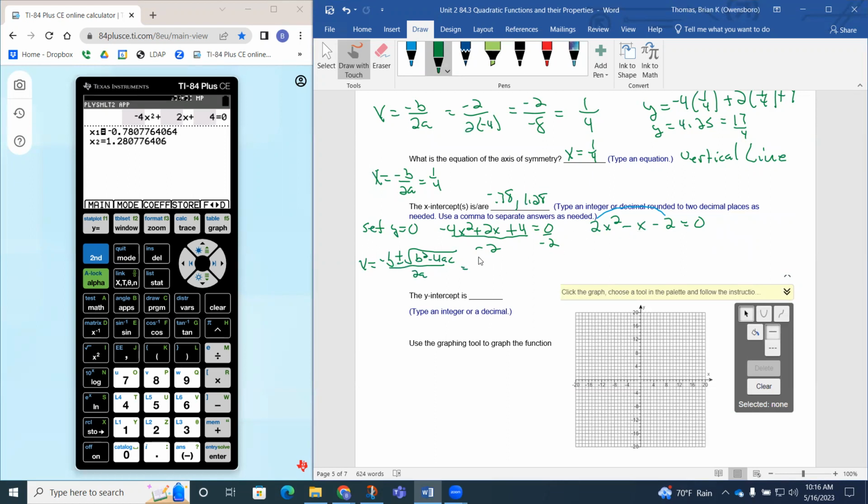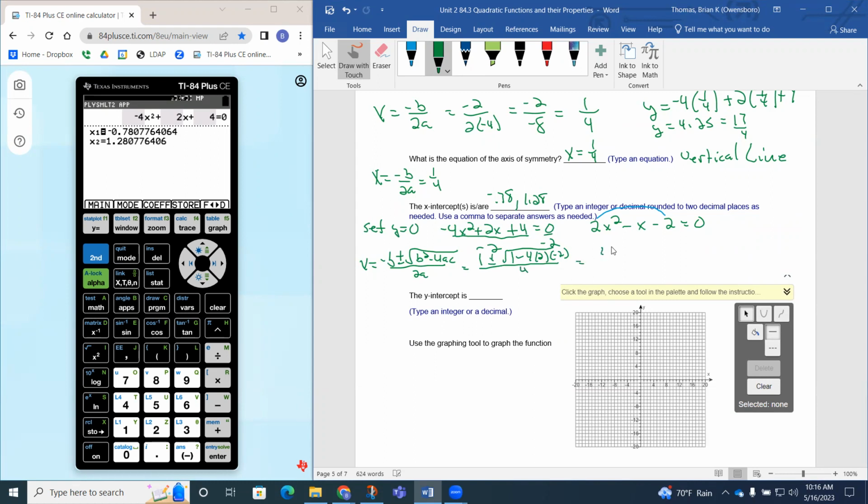The opposite of -1 is +1, plus or minus the square root of -1 squared, which would be 1, minus 4 times a. A was a +2 now, and c was a -2. This is all over 2 times a, which would be 2 times 2, so 4.